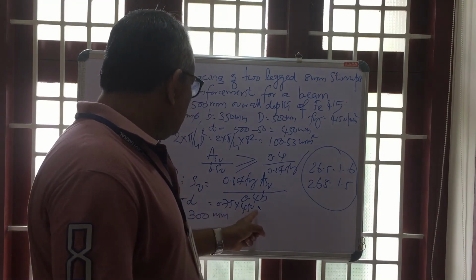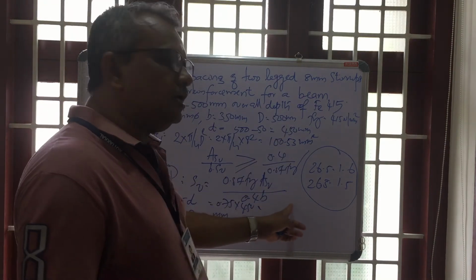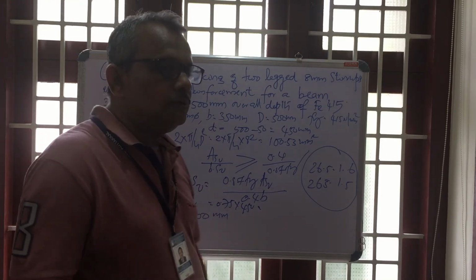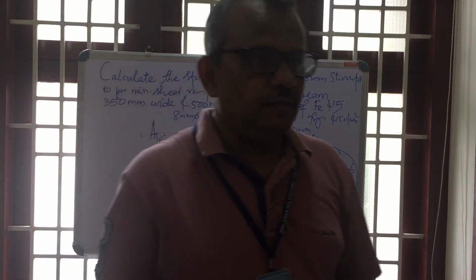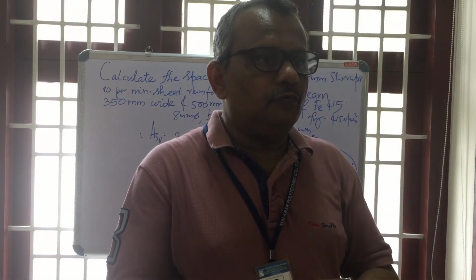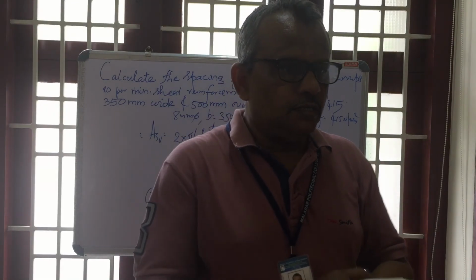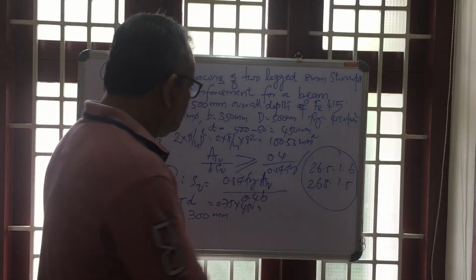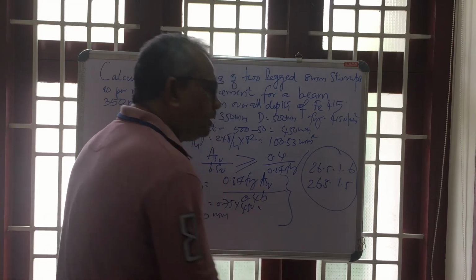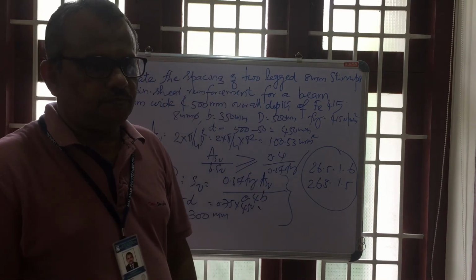That is 0.75 into 450 mm. You will get the second value, and the third value is 300 mm. So from this you should take the minimum value of the spacing. Okay, the minimum value should be taken as the spacing of vertical reinforcement, right?